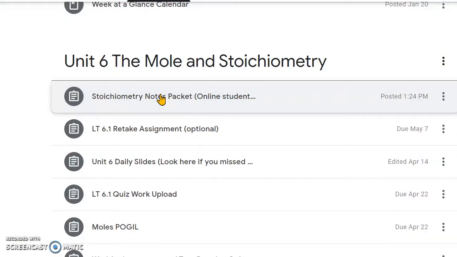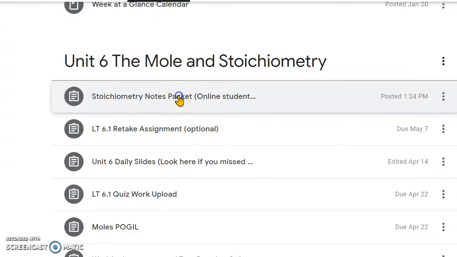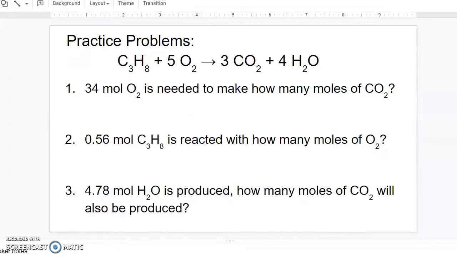And then you're going to do the 3 practice problems, which are right here, which I have told you what the right answers are for, showing all your work and circling your right answer. You're also going to upload this to the Stoichiometry notes packet. So those 2 things need to be uploaded.